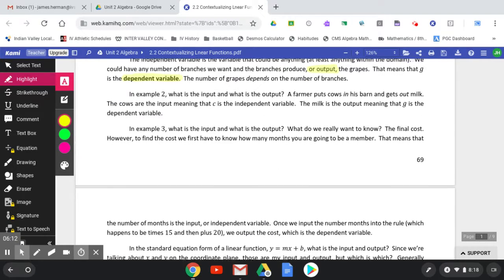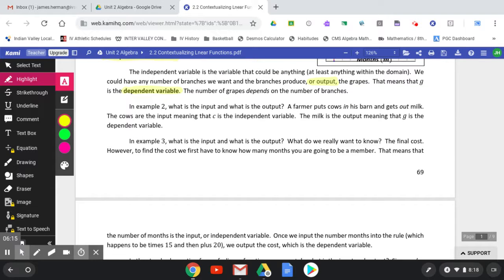The input, meaning the independent variable. Where are you? Like first sentence of the first paragraph there. Oh, the independent variable is the variable that could be anything, at least within the domain. Okay, that's a good one.